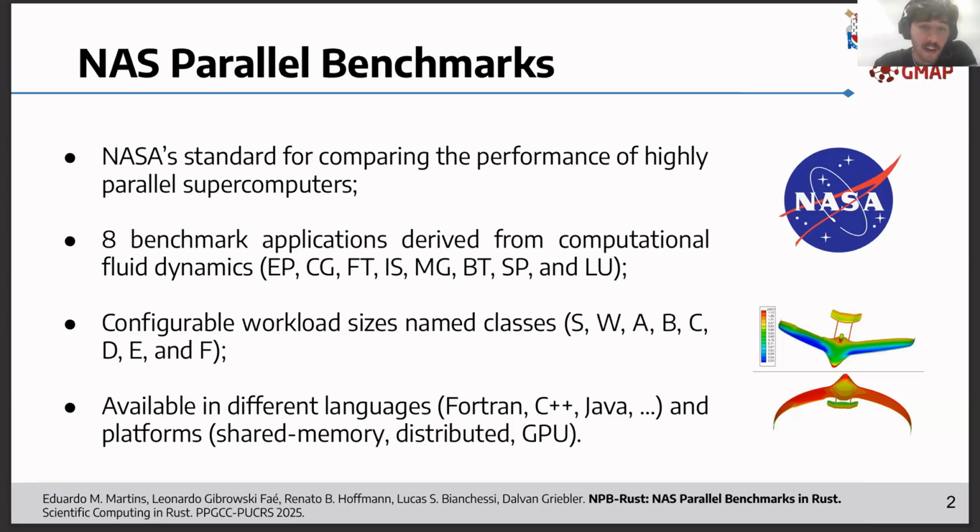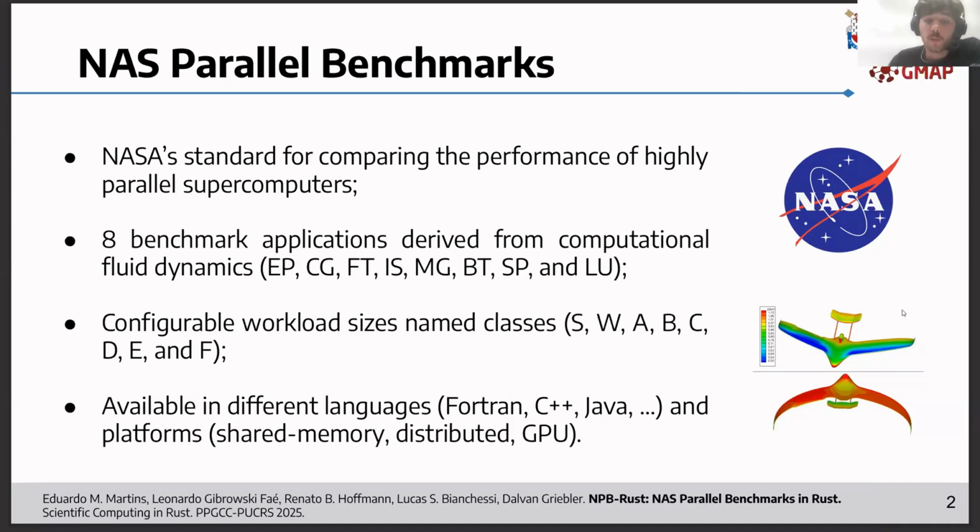Also, they have different configurable workload sizes, which we call classes. In this work, we are going to use class C, as it's more suitable for shared memory environments, and it's the most used for this end in the literature.